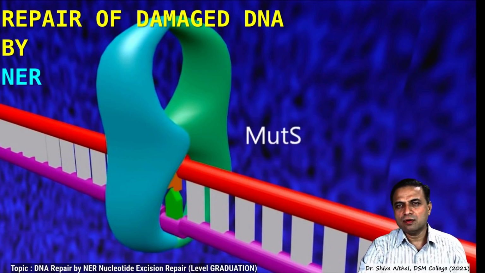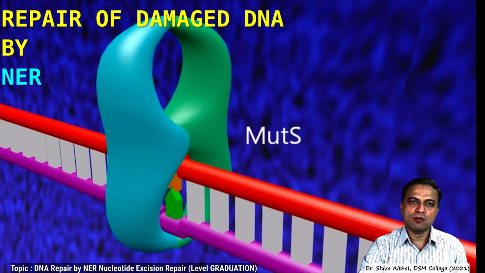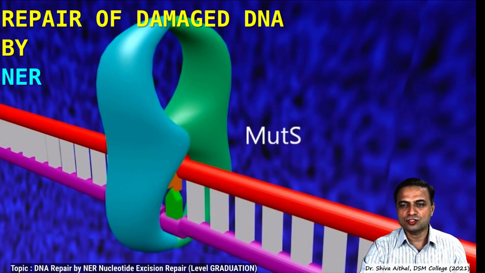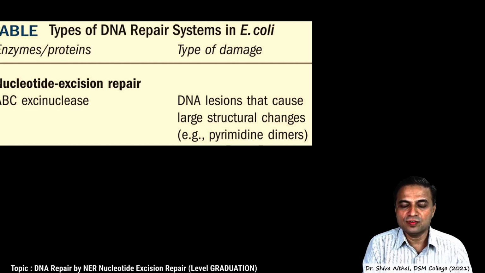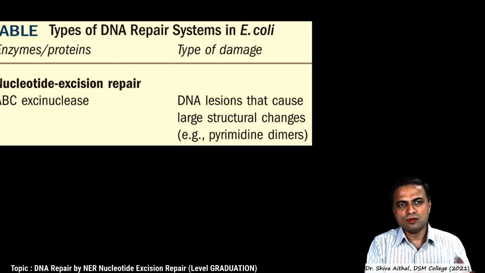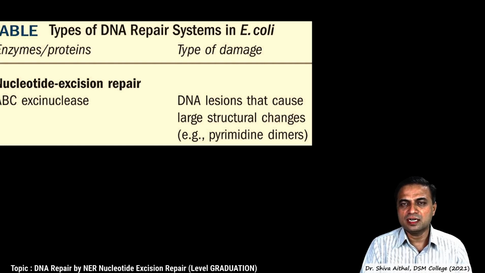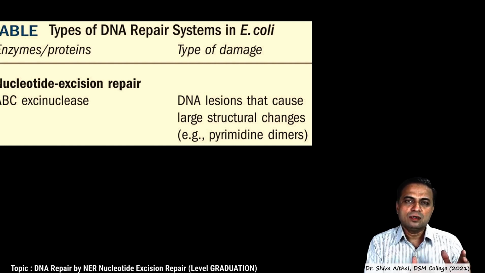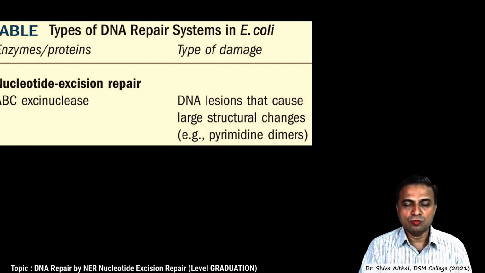So let's have a more detailed look at the repair of damaged DNA by nucleotide excision repair with some PowerPoint slides, where you can take down the notes and also have a better insight into what this process is all about. This is one of the types of DNA repair systems, and we are taking a microbial, or Escherichia coli, perspective.